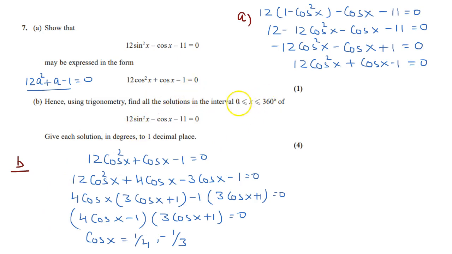So we have to find the solution between this. So x is equal to cos inverse 1 over 4. So this is 75.52. Because the second decimal place is less than 5, we are not going to write this 2. We just write 75.5.